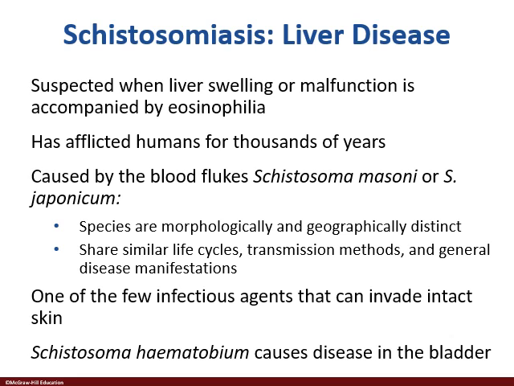In a clinical setting, if a patient presents with an inflamed liver, malfunctioning liver, their liver enzymes are off, they're showing jaundice, there is fever, what you want to do is look at the white blood cell count.